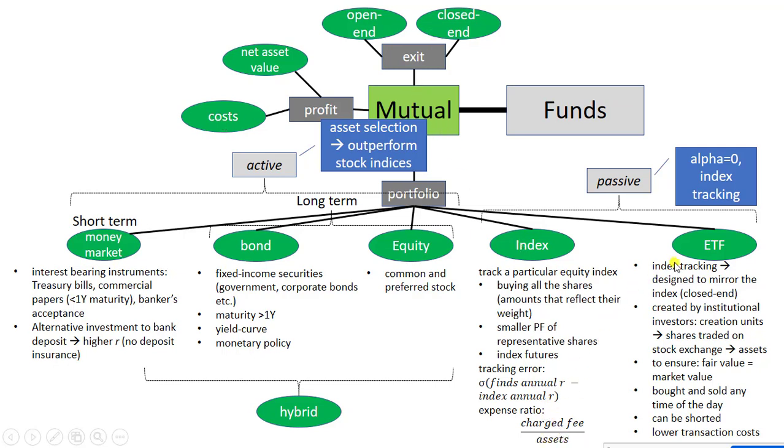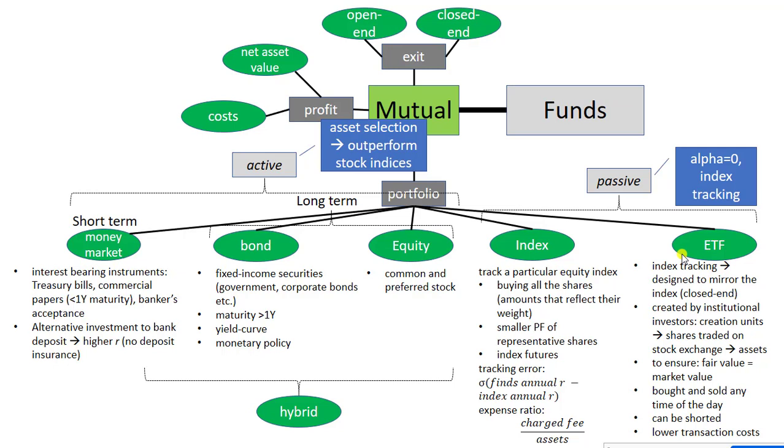So ETFs are much more sophisticated, and that's why they are much more popular, because an ETF means exchange traded fund, and in this case it means that we can buy and sell the shares of this mutual fund on the stock market.